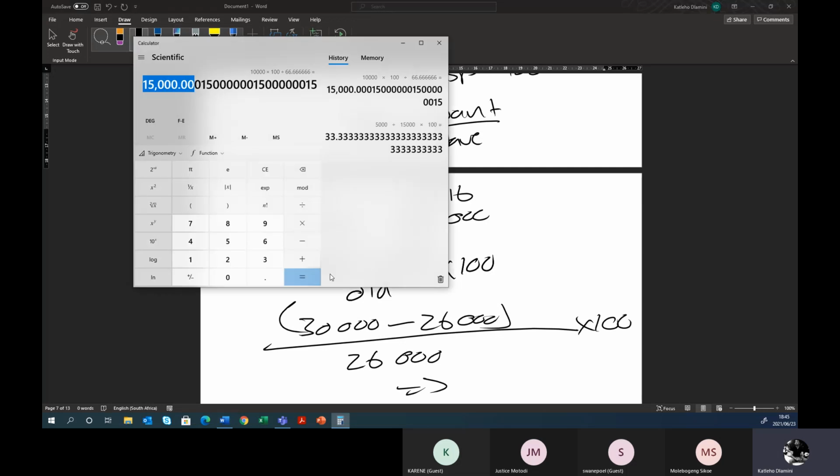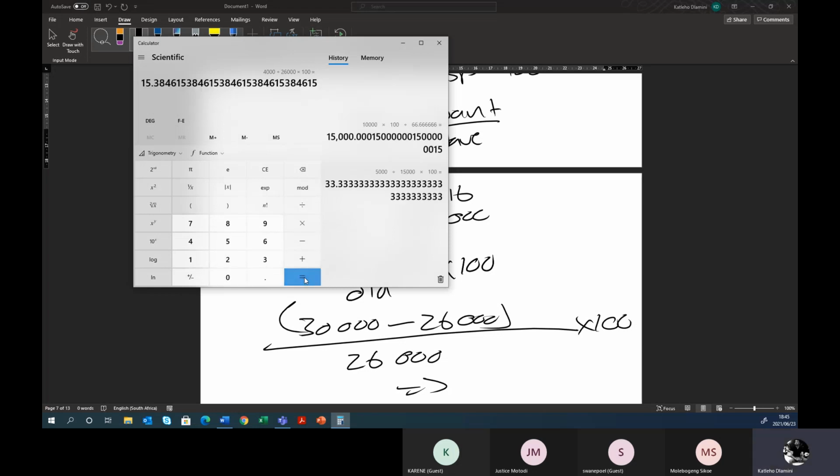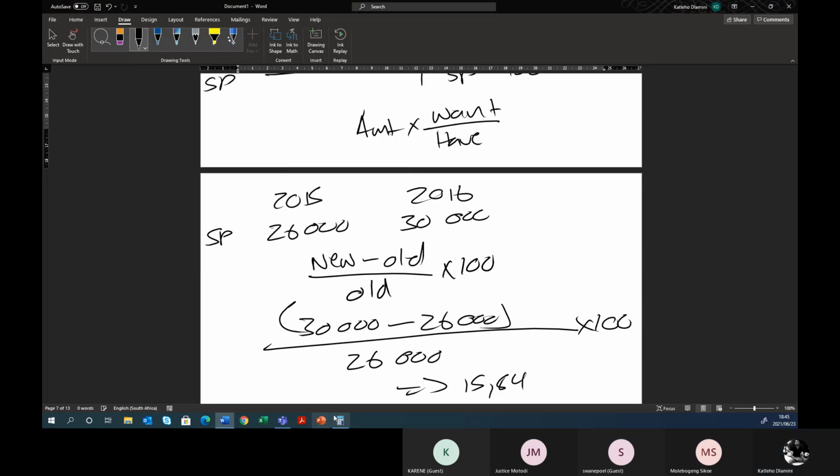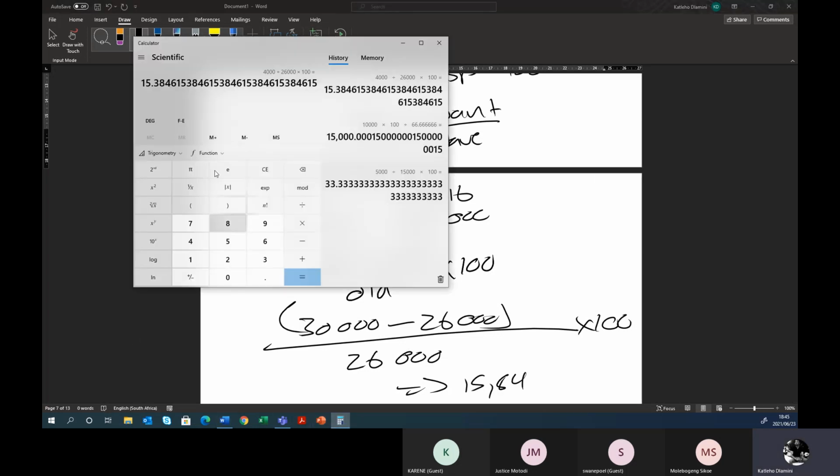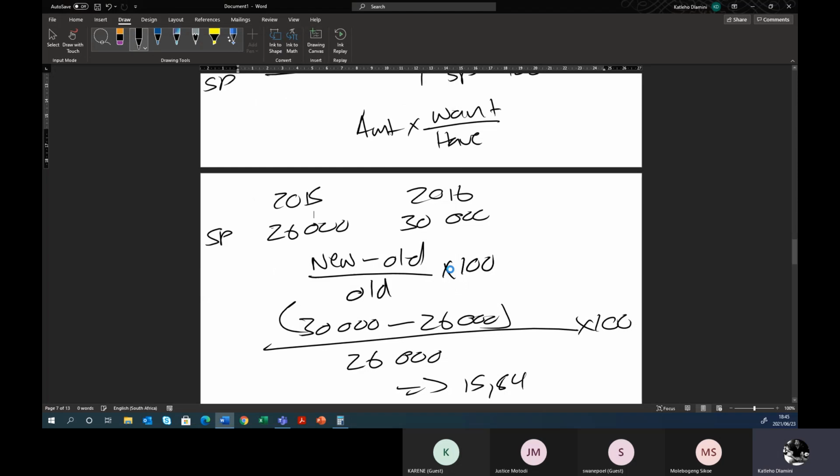So 30 minus 26 is 4. So 4,000 divided by 26,000 multiplied by 100 is 15.38%. So that's percentage change.